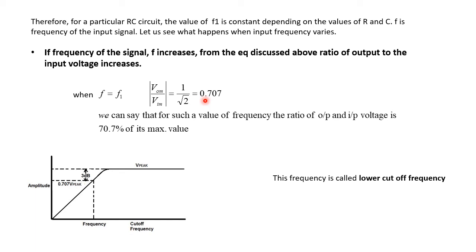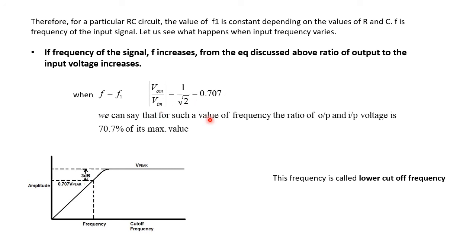This can be written as 70.7%. In simple words, the output amplitude is 70.7% of the input amplitude.